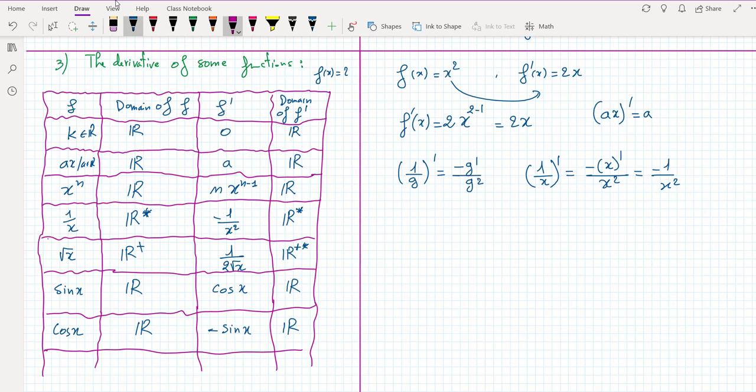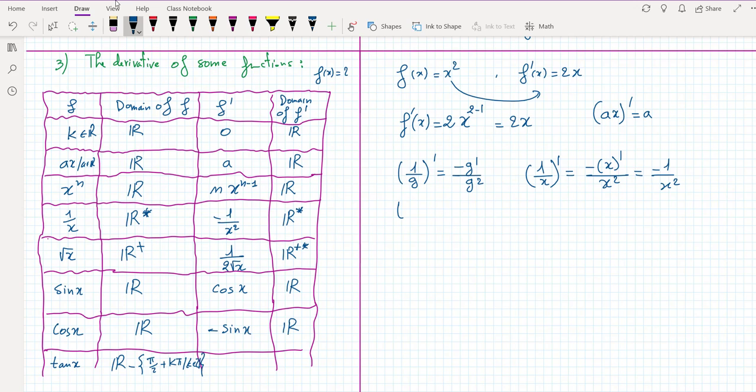Now, we need to calculate the derivative of tangent x. The domain of definition is R minus pi over 2 plus k pi, such that k belongs to Z, because tangent of pi over 2 is not defined.